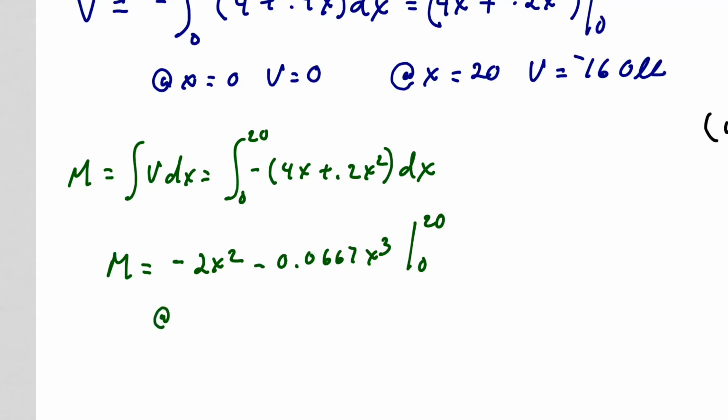At x equal to 0, our moment equals 0. At x equal to 20 inches, our moment equals a negative 1,333 inch-pounds.